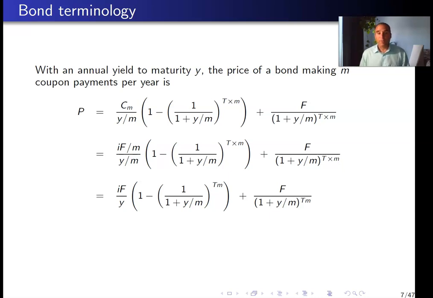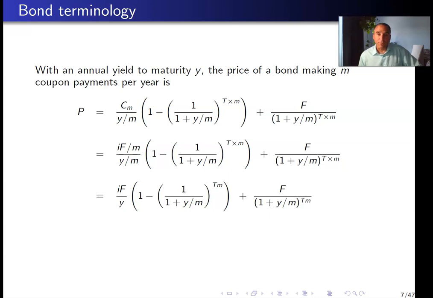In our previous example, we had a 30-year bond making 2 payments per year, so that was giving us 30 times 2 coupon payments. Each coupon payment here is the annual coupon payment divided by the frequency. And the rate we need to use is the interest rate between 2 coupon payments.